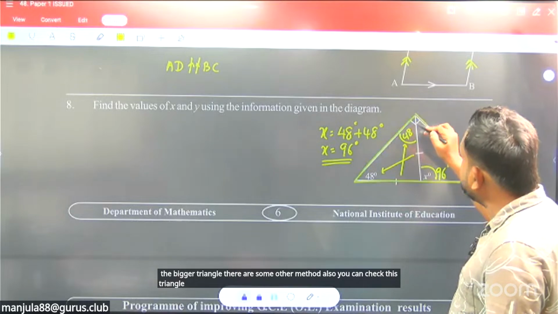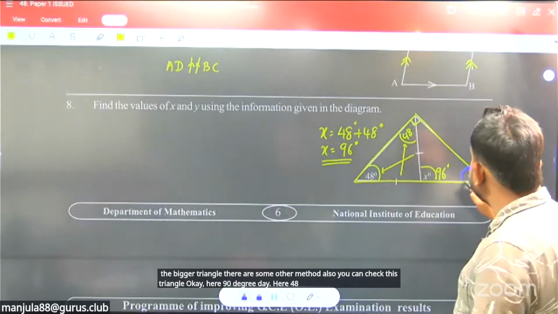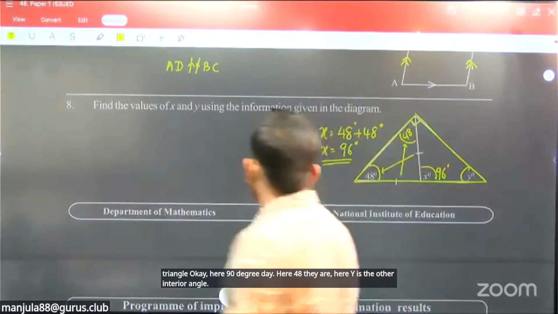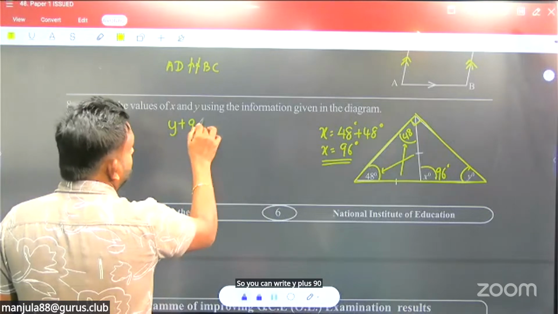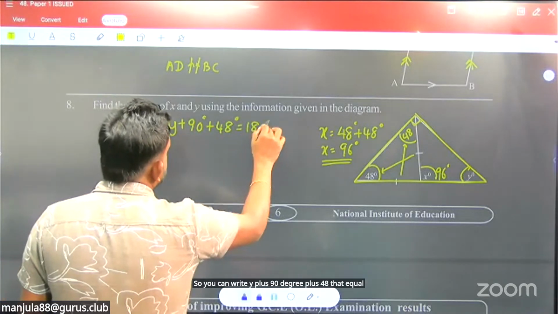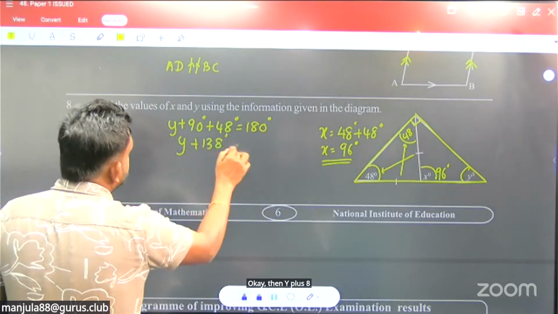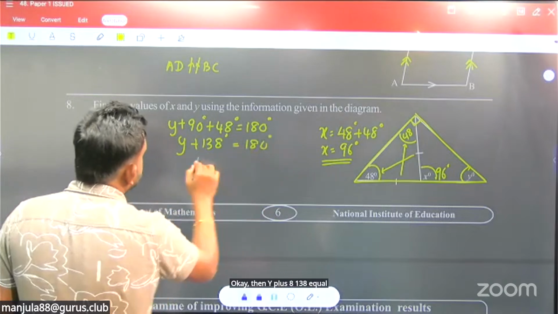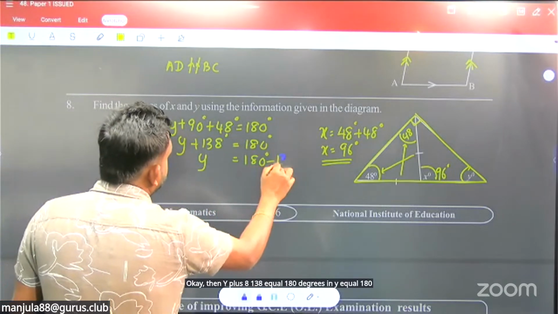Here 90 degrees, here 48, and here y is the other interior angle. So you can write y plus 90 degrees plus 48 equals 180 degrees. Then y plus 138 equals 180 degrees. Then y equals 180 minus 138.